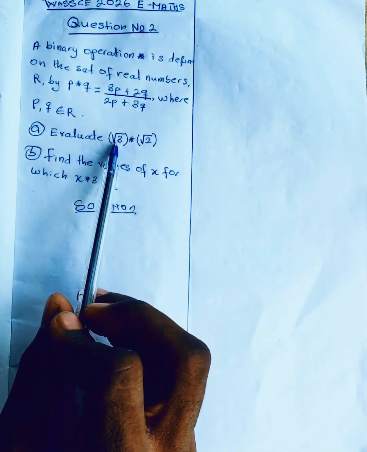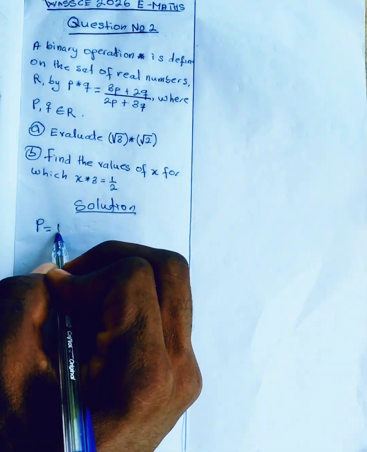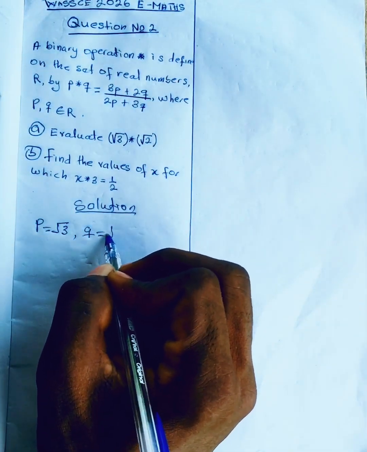So let's see the solution. First, we're given this, so our P in this case is equal to root 3, and our Q is equal to root 2.